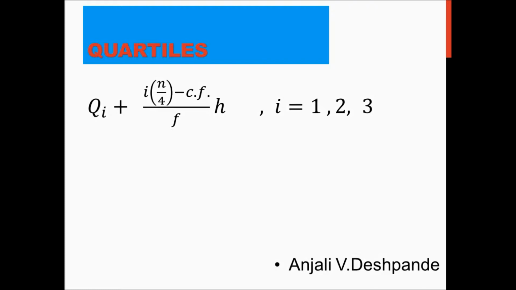In this case, the value of i goes from 1 to 3. Depending upon which quartile you are calculating, if it is Q1, then i will be 1. If it is Q2, then i will be 2. If it is Q3, then the value of i will be 3.